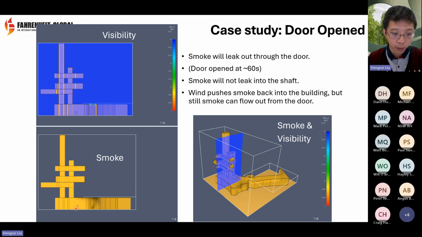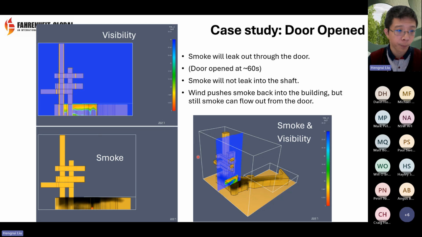At this point, you may or may not notice around 60 seconds, the door is opened. And you see the wind blowing inside later on. Same thing, visibility, smoke and visibility. I put the visibility here to show you that the smoke is being pushed in, but it cannot push every smoke inside, because you see the smoke coming out from here being blown away by the wind as well.